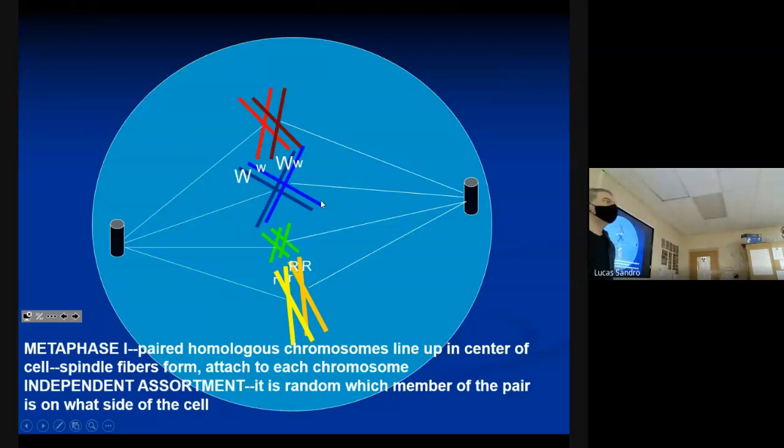Essentially, for this fruit fly, this is like flipping 4 coins at once, right? It's a 50-50 shot whether the dark red chromosome winds up on the right or the left. It's also a 50-50 shot independently whether the dark blue chromosome winds up on the right or left. So you're doing that 4 times. It's random which chromosome of each pair winds up on which side.